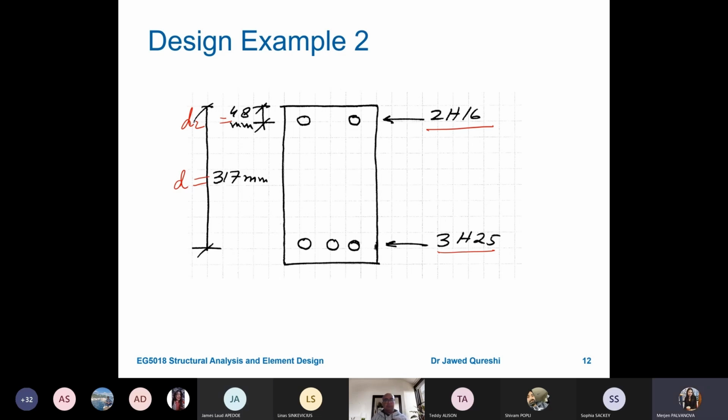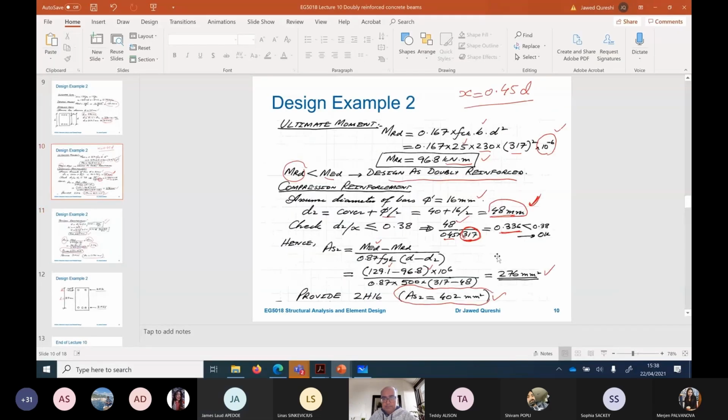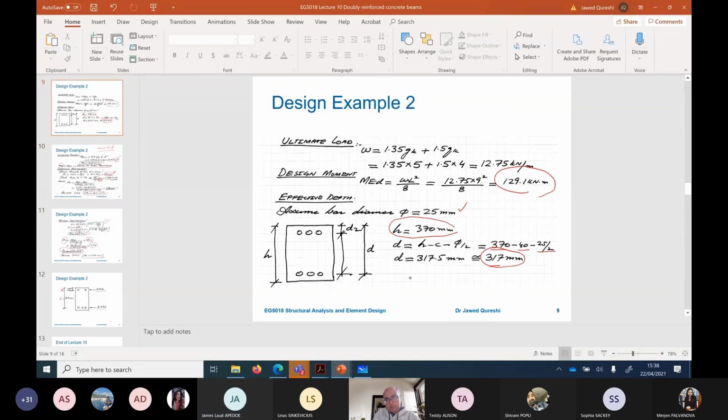Could you please go back to the previous slide for a second? In your practice, would you say it's worth choosing a smaller diameter steel bar? Yes, we can. This will affect D. If we are choosing H20 bars, then D will be equal to 370 minus 40 minus 20 over 2, so 370 minus 50 basically.